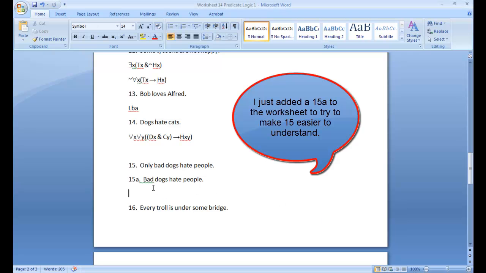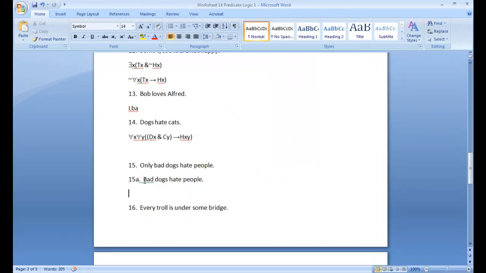So here what we're being given is a relation between one kind of thing, which is a dog that has the property of being bad, so bad dogs hating another kind of thing, which is something having the property of being a person. Okay, so again, we're going to have two quantifiers here. So we'll say for all X and for all Y, if X is a bad dog, so how are we going to say if X is a bad dog?